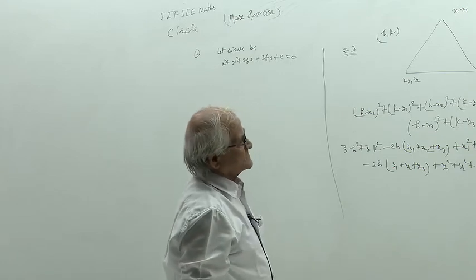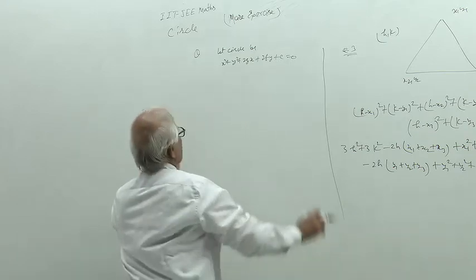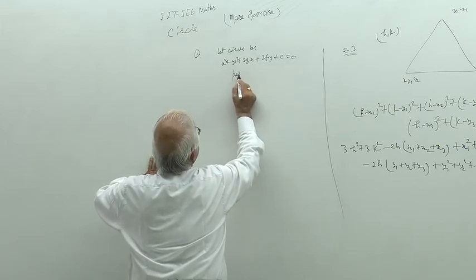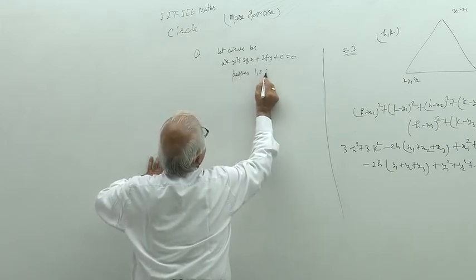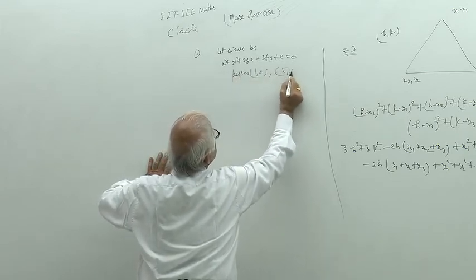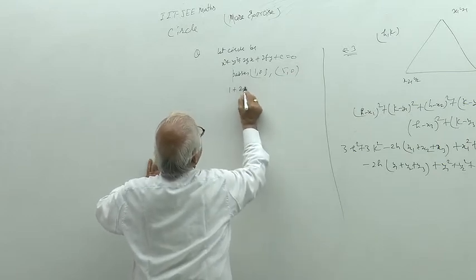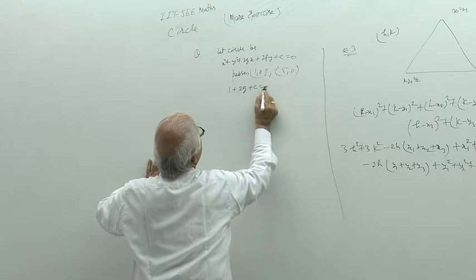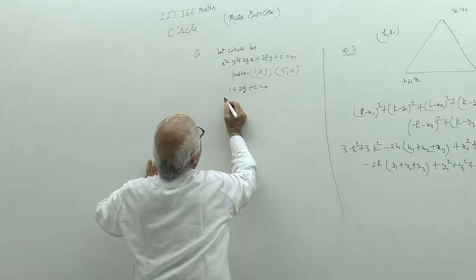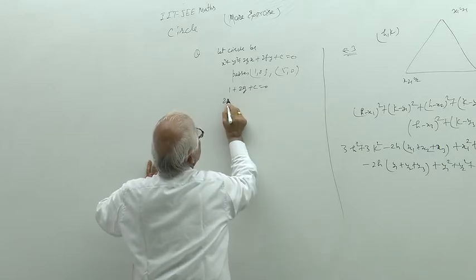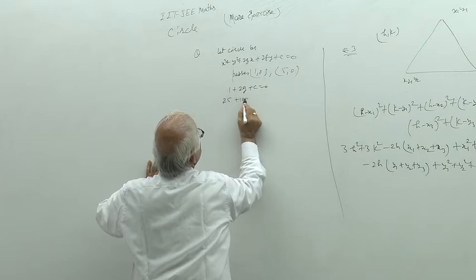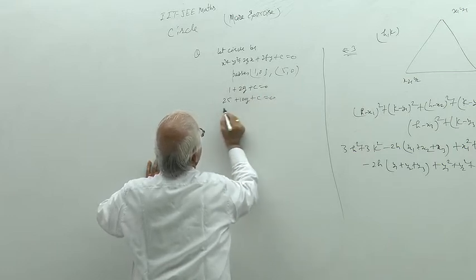It passes through (1, 0) and (5, 0). We have 1 plus 2g plus c is equal to 0. We put 5, we have 25 plus 10g plus c is equal to 0.